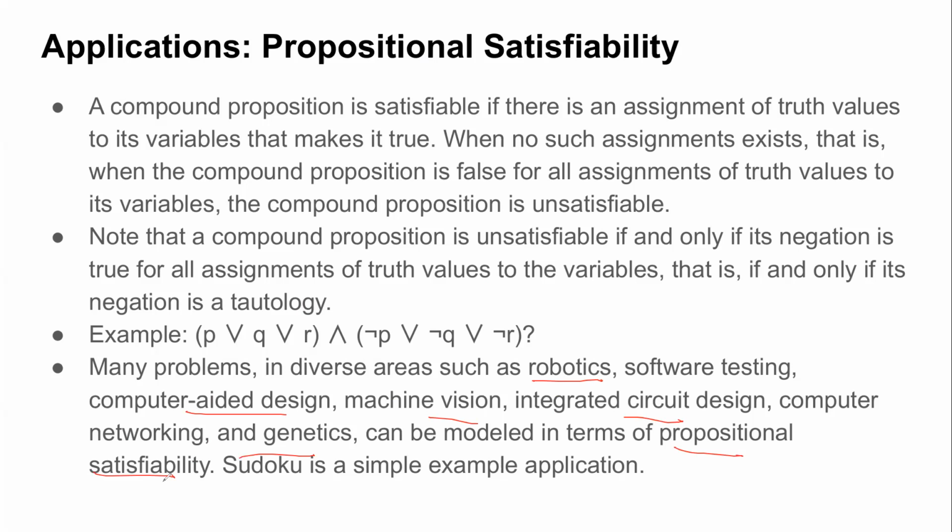Sudoku is a very simple application which also follows this. You can model Sudoku using propositional satisfiability by keeping constraints: your sum should be equal to the given number, whatever the size of your matrix, and the conditions for row, column, diagonal.